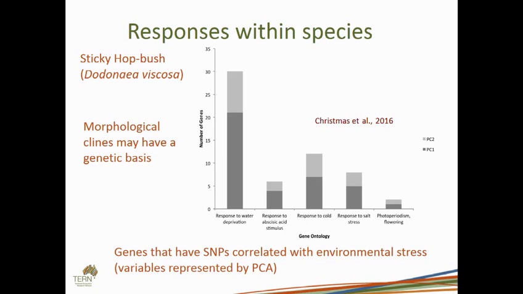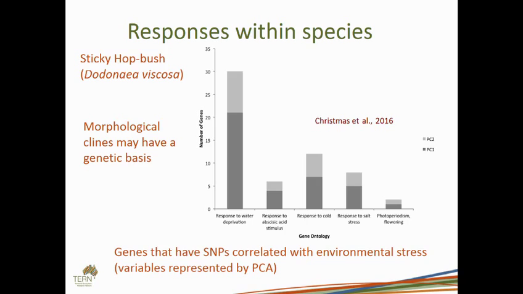genomic traits. And this chart shows a set of genes that Matt investigated. And these were genes that had polymorphisms that were strongly correlated with environmental stress. So, for example, there are around 30 genes that had polymorphisms that were related to response to water deprivation.